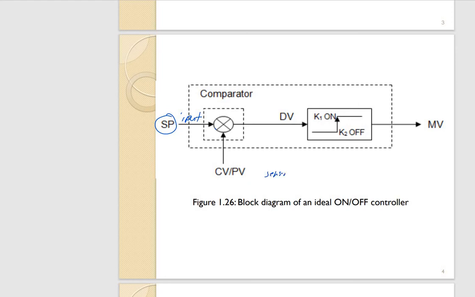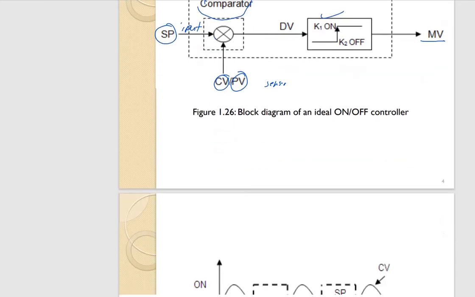The sensor will measure the control variable and also process variable. This comparator will come up with the error. Error will be sent to the on-off controller here. So this on-off controller will decide whether to open or close the final control element in order to adjust the manipulated variable.